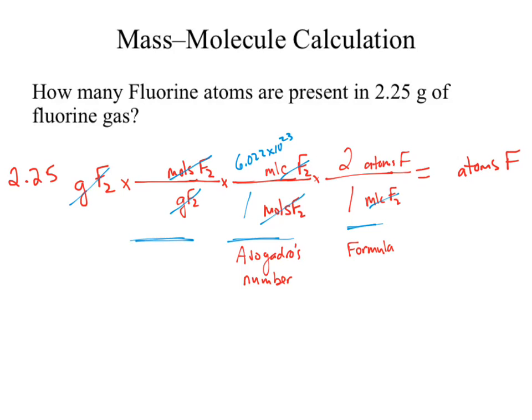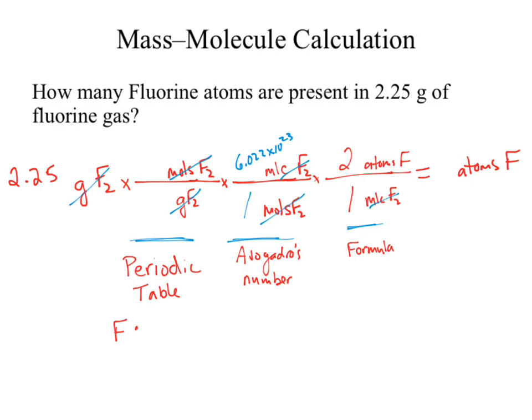The periodic table tells us the mass for F and only F, which means we need to calculate our molar mass from our periodic table.